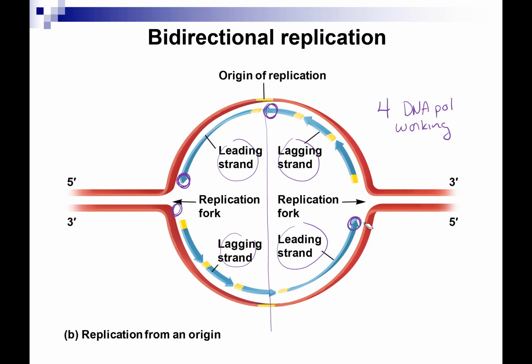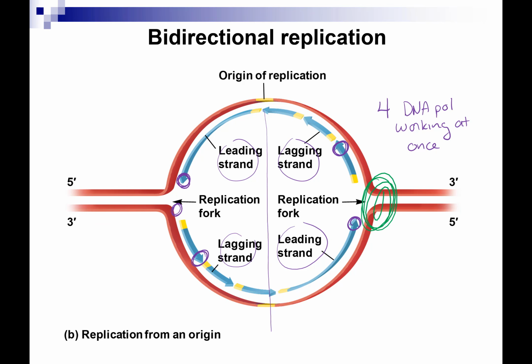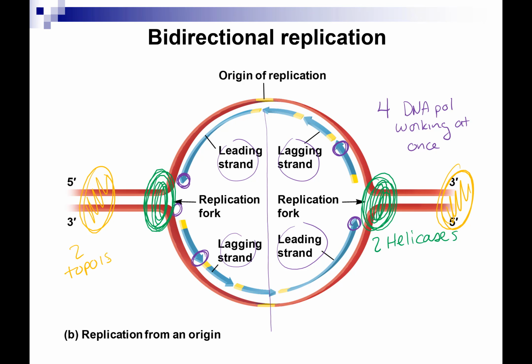So I guess I shouldn't show them here. I guess they were really the last time they were here. Let's be a little more accurate. Okay, 4 DNA polymerases working at once. You have 2 helicases opening up. And you also have 2 topoisomerases helping undo that strain by opening up the helix.